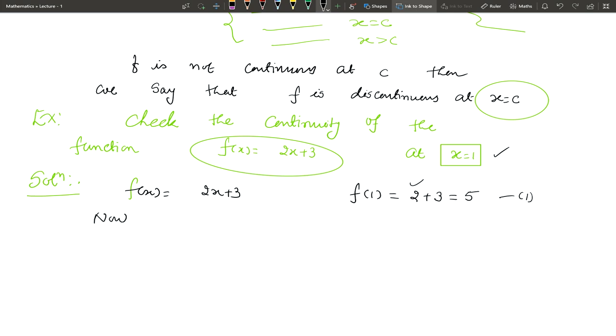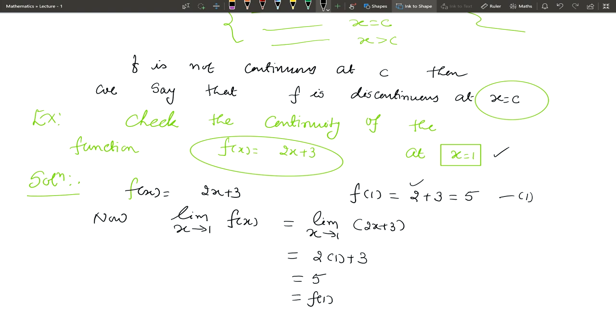Now to check the continuity at x equal to 1, we have to evaluate limit x tends to 1 f of x equal to limit x tends to 1 value of the function 2x plus 3, by the formula of limit. Put x equal to 1. 2 into 1 plus 3 equal to 5, that is f of 1.